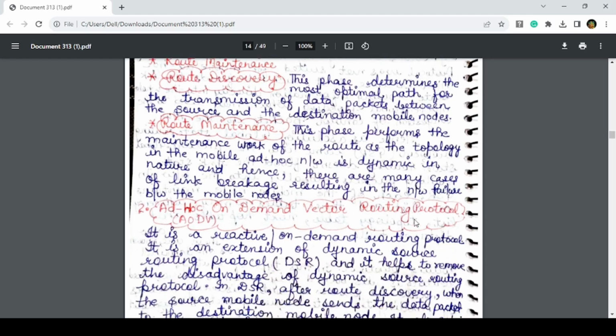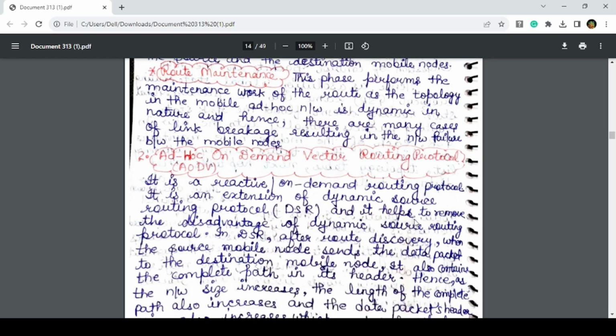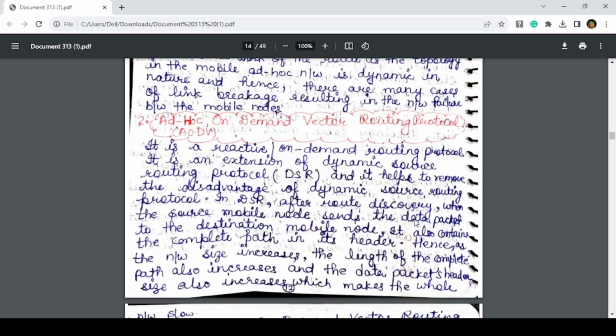Now, second is ad hoc on-demand distance vector routing protocol, also known as AODV. It is also called a reactive on-demand routing protocol, because it is an extension of dynamic source routing protocol, and it helps to remove the disadvantages of dynamic source routing protocol.